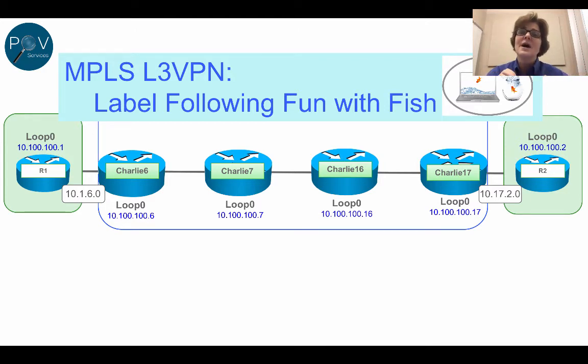We're going to follow the labels so that when router 1 tries to ping 10.100.100.2 over on router 2, how do the multi-protocol labels get switched? How do they come up with them? How do 10.100.100.1 and 10.100.100.2 actually ping each other? Let's talk about that.